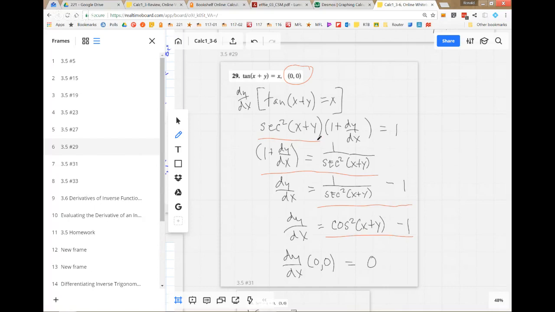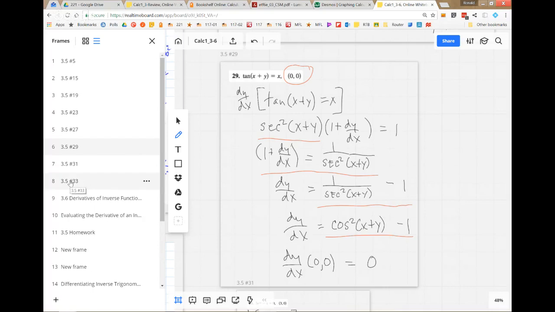Well, that's the derivative, but you got to take the derivative of the inner x plus y and multiply that: derivative of x is 1, derivative of y is dy dx. After that, the rest was really pretty much just algebra. You have a follow-up question on that one, Richard? No.